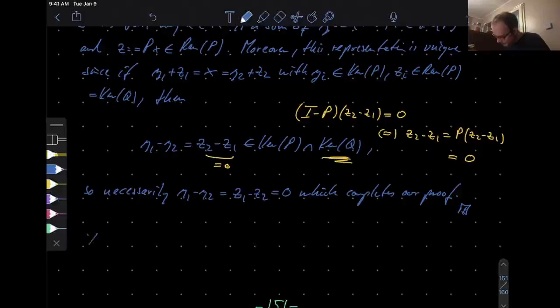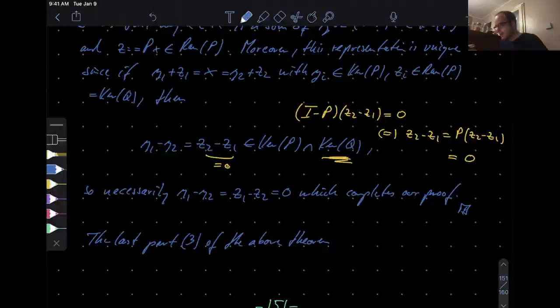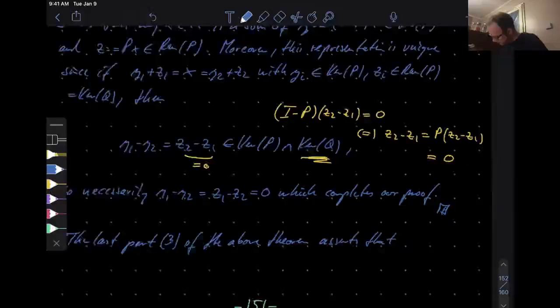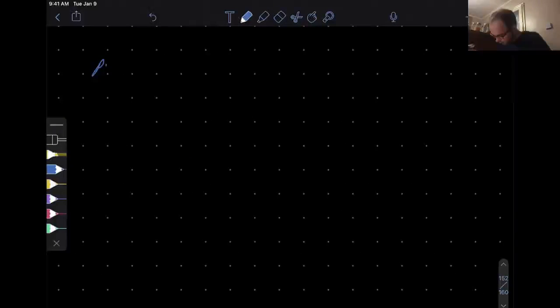So the last part, so this is 3 of the above theorem, asserts that projections are always associated with complementary subspaces, right?